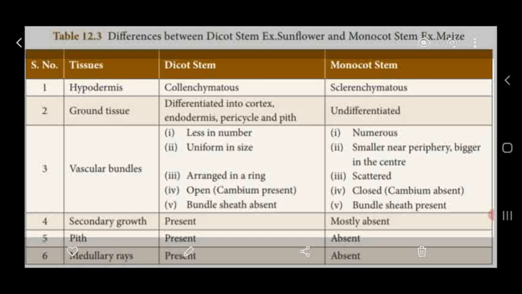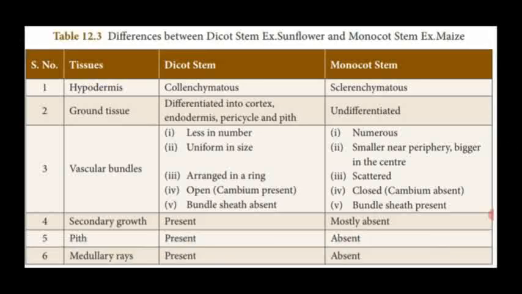These pith rays or medullary rays are present in the dicot stem, but absent in the monocot stem. So these are all the different characteristic features or variations shown in the dicot stem and monocot stem. It is an important 7-mark question as well as a 4-mark question.